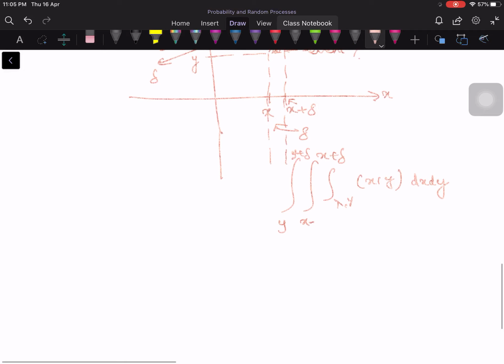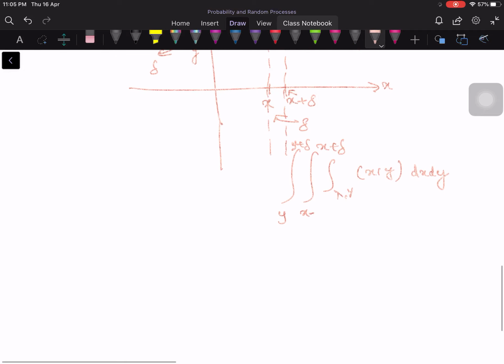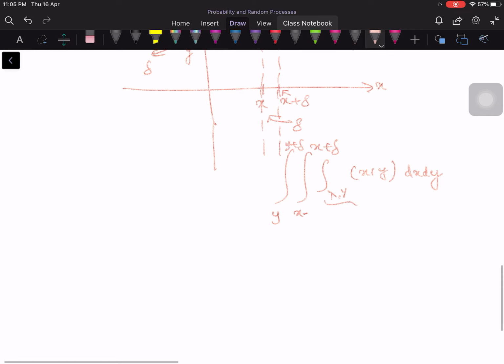Now if the square is very small, the joint density is not going to change very much in that neighborhood. Therefore we can say it is constant in that neighborhood. So f_XY of x comma y can be treated as a constant.